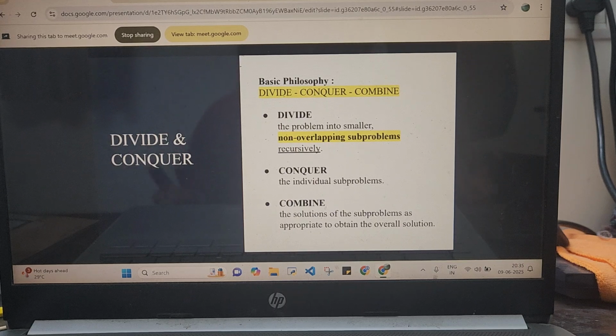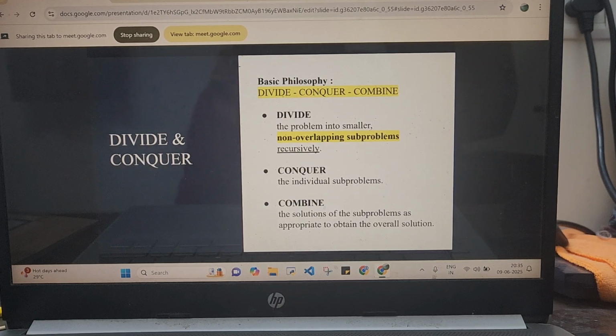In that sense, you may have a common element, but no index as such is common between the left and right half. So the left half has the indices 0 to n/2, for instance, and the right half will be from n/2 + 1 up to n-1 or n, whatever. So the data units that your sub-problems are using should be mutually exclusive. Their intersection should be null. That's one point which defines non-overlapping.